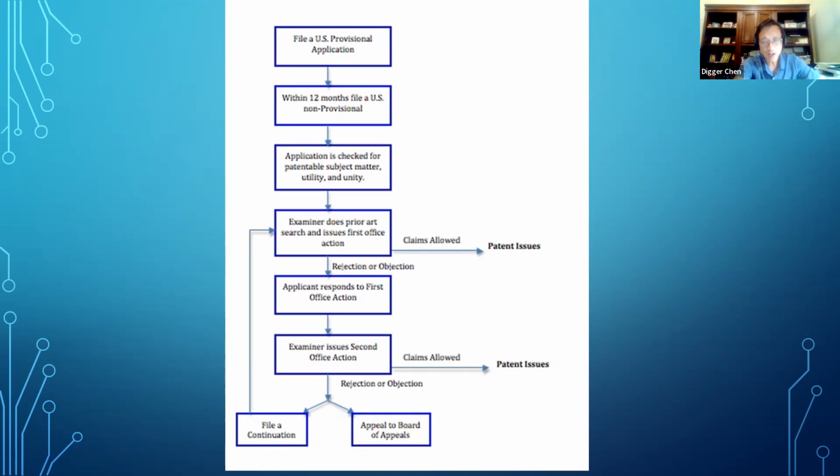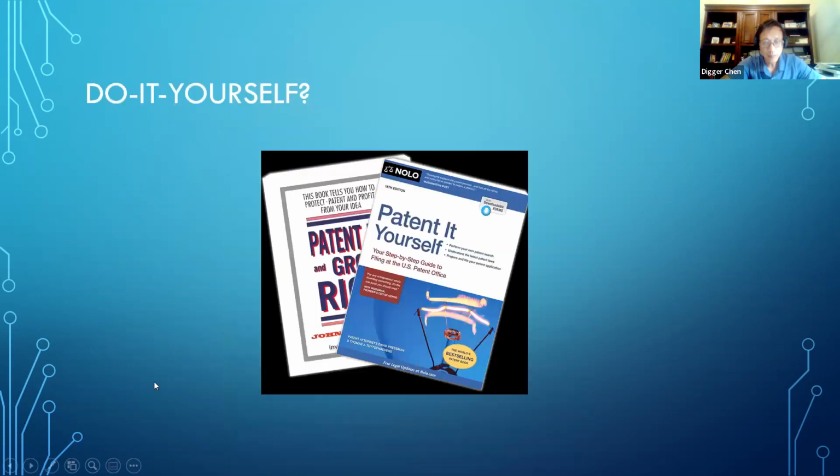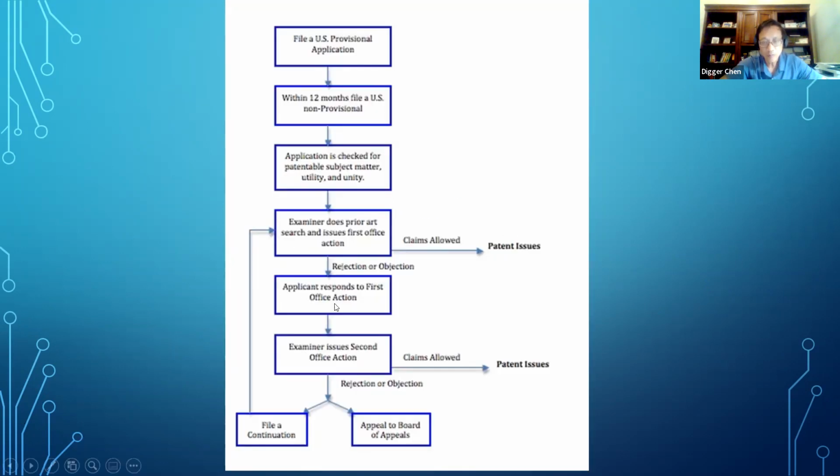And if there's an objection or rejection, then we respond to the office action. The examiner then, based on your responses, issues a second objection or rejection.